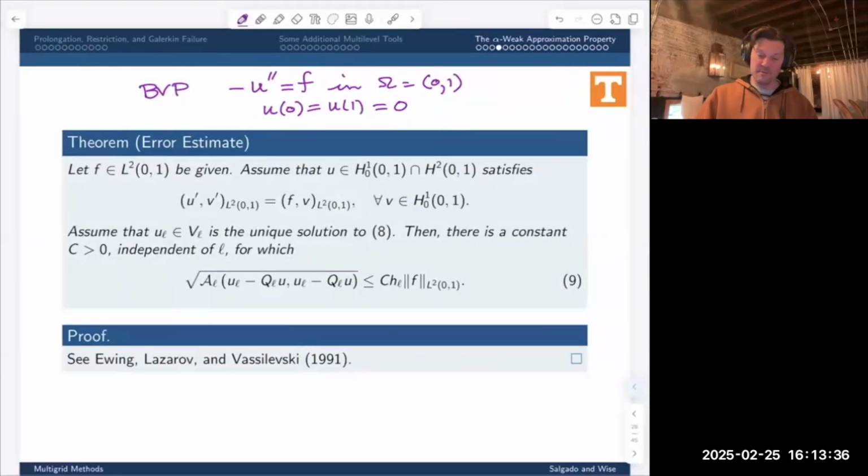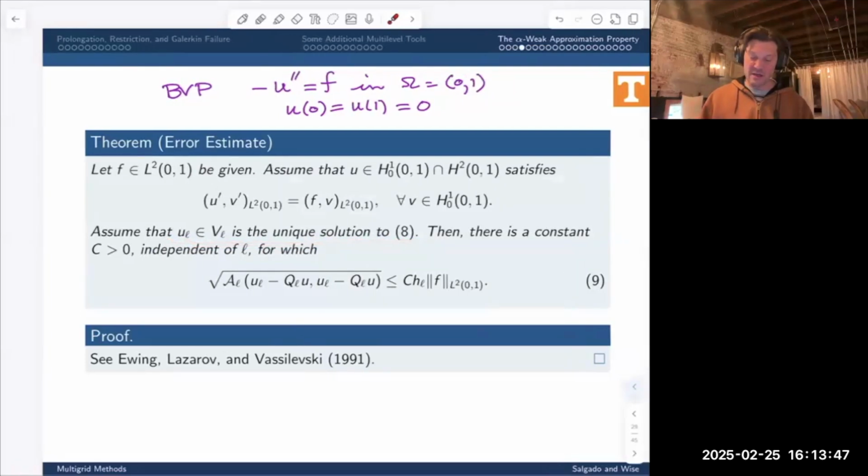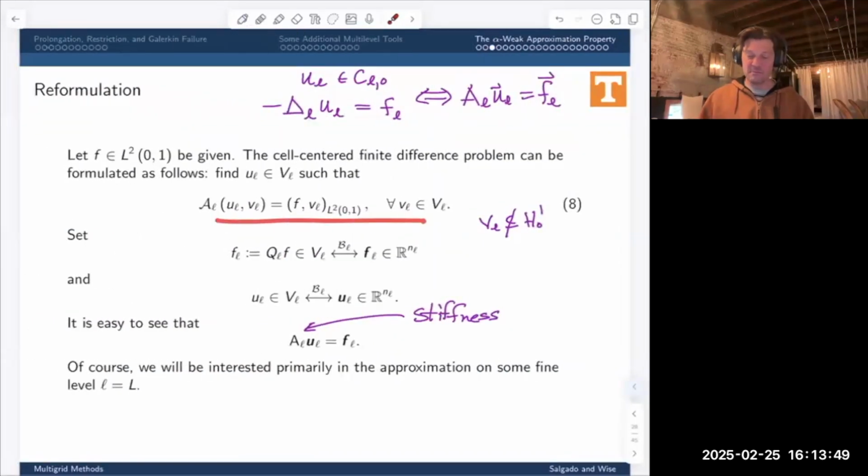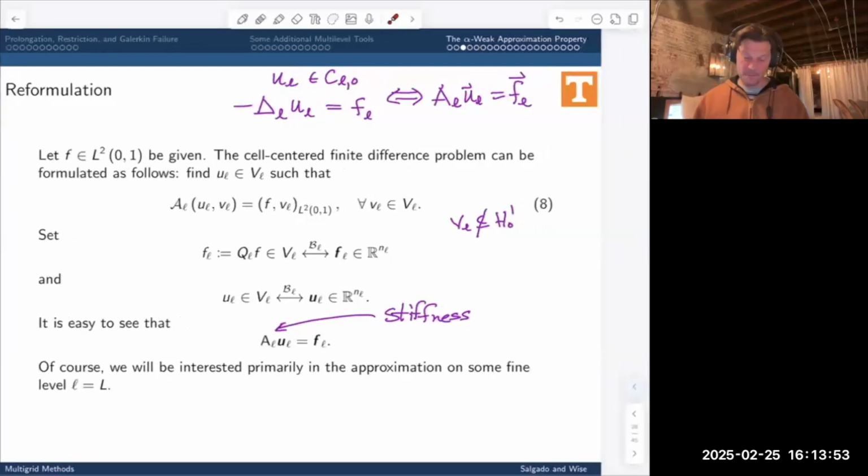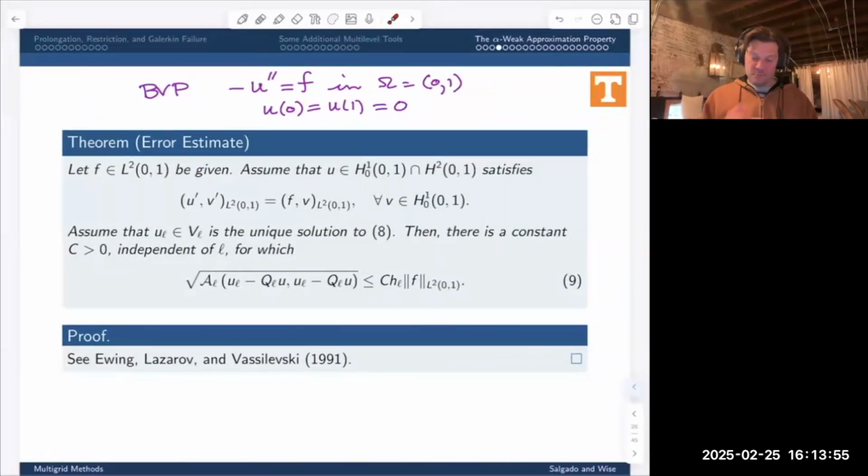And this theorem is rather complicated, which is why we didn't go into it. And it says this: if I know that I have a weak solution or a unique solution to 8, my piecewise constant approximation, which I'm going to call my cell-centered approximation, then what I'm going to do is take my true solution of this problem and project it using the L2 projection into V_L.